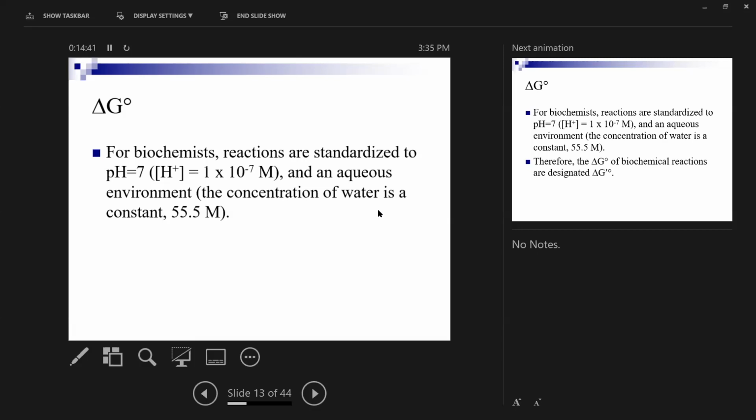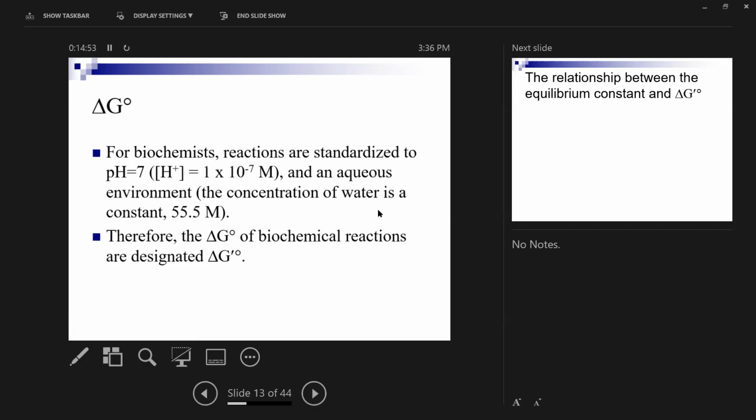Yes, you can look this up in a book, but we're going to now re-standardize this, and we're going to get something called delta G with a little prime and then a degree, or delta G0 prime. This is your standard biochemical free energy change.